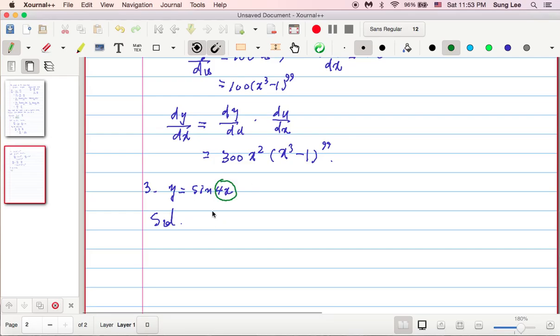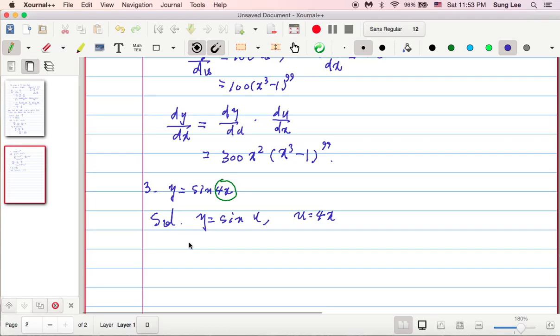This 4 times x is the angle for the sine function, right? So that's the innermost function. In fact, y equals sine 4x is a composite function of these two functions, sine of u and u equals 4 times x.